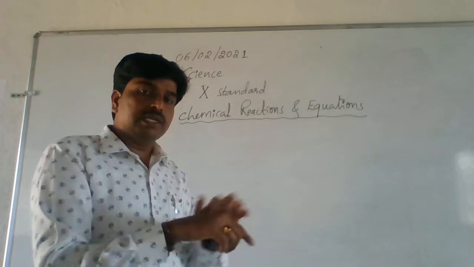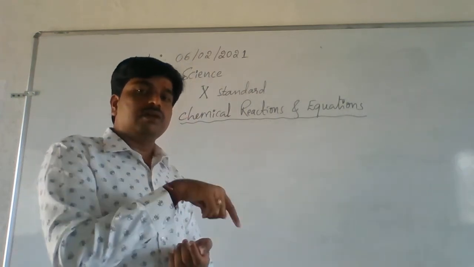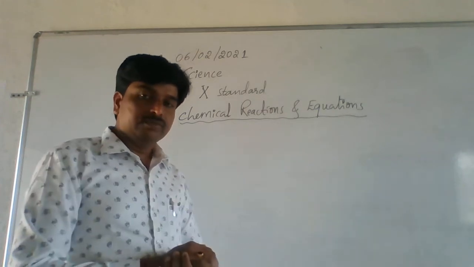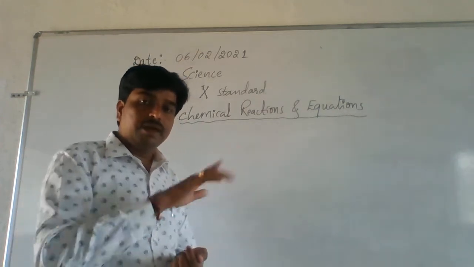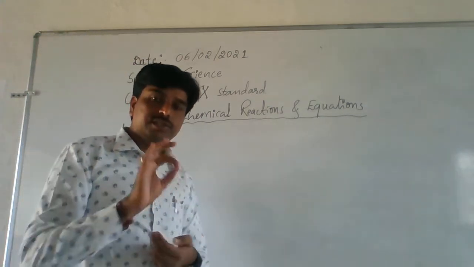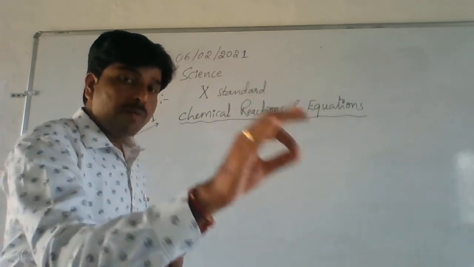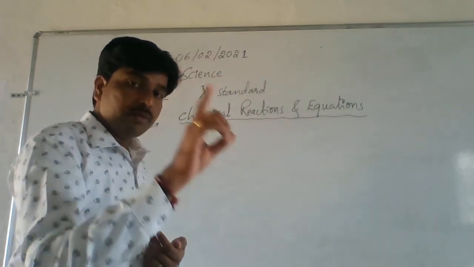Hence we say curdling of milk is a chemical change. Yes or no, students? The change in which a new substance is formed with new properties, that is chemical change.